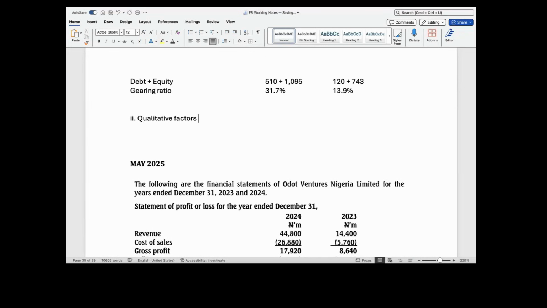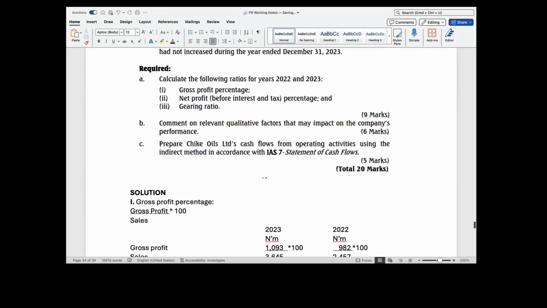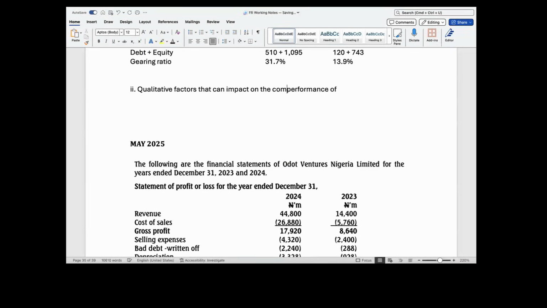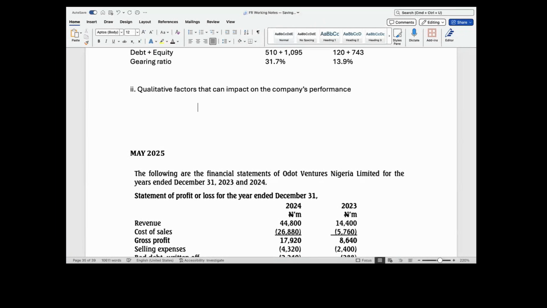Qualitative factors that can impact the company's performance. Number one, what's the first one?